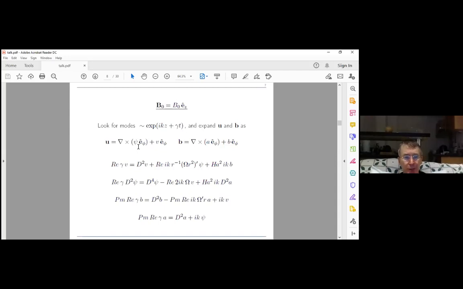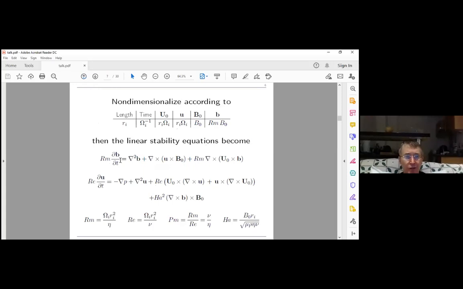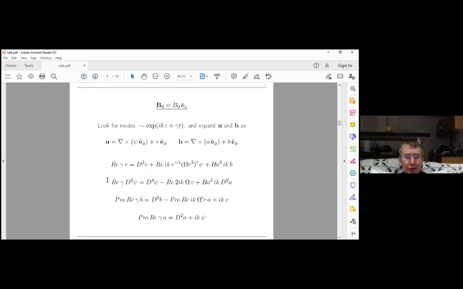Well, if you do that and go back to these equations, for this equation you want the phi component of that equation and the phi component essentially of the inverse curl of that equation. For this equation, you want the phi component of the equation and the phi component of the curl of that equation. And that ends up giving you those 4 equations there.